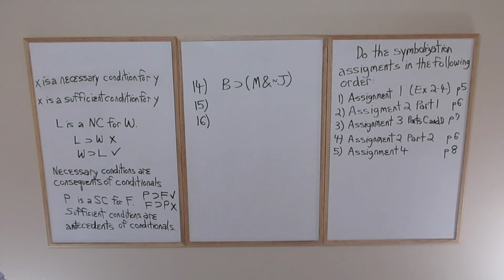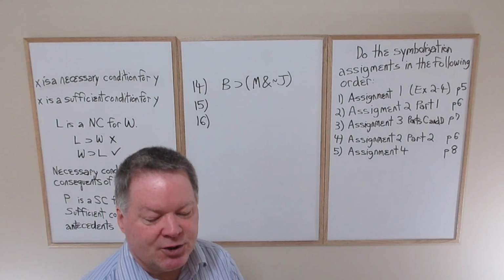So it's not whatever simple sentence comes immediately after the phrase "necessary condition." It's whatever is described as being the necessary condition or the sufficient condition. In the case of the necessary condition, it's the consequent of a conditional. In the case of a sufficient condition, it's the antecedent of a conditional.